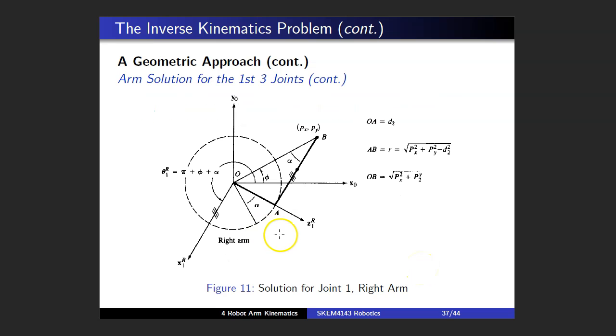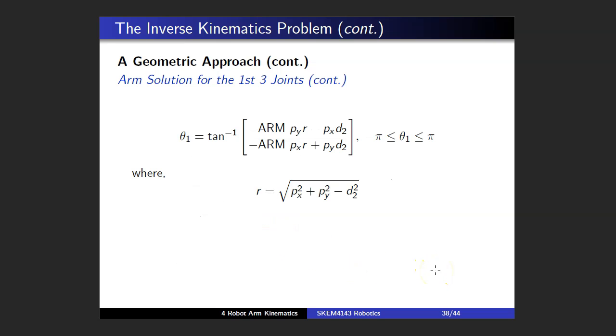Similarly, we can analyze the same for the right arm configuration. After moving things around, long story short, we end up with this equation, which is the solution for joint number 1, the angle theta 1.